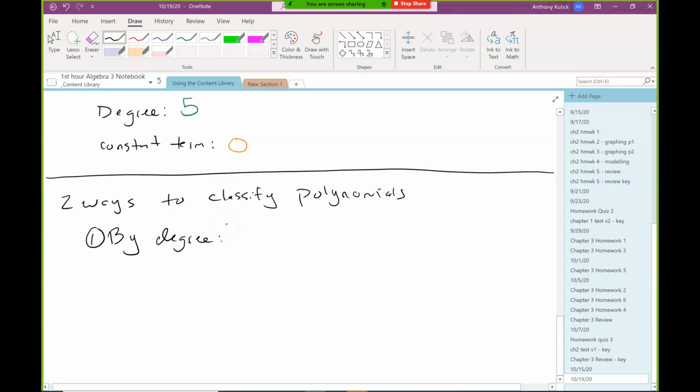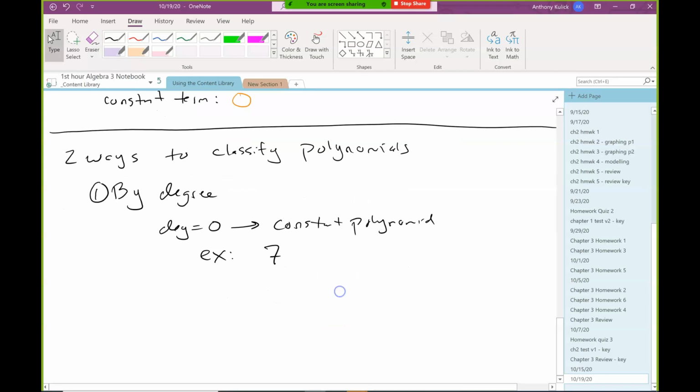So the first method is by degree. If the degree is 0, we call that a constant polynomial. So for example, 7 is a constant polynomial. If the degree is 1, we call that a linear polynomial.